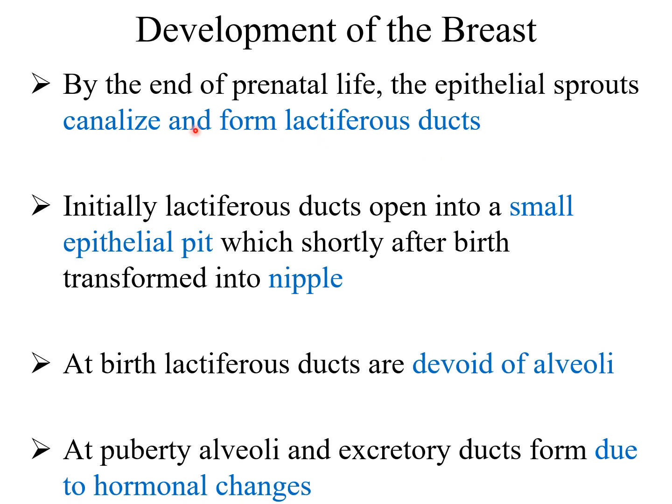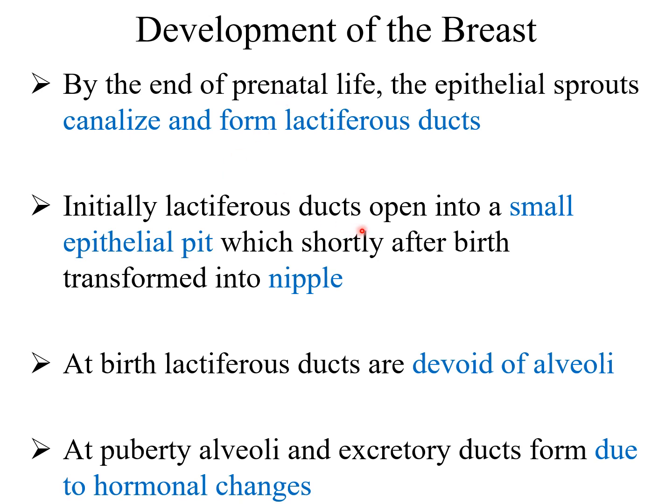So, as I have told you, initially when these ductal systems are formed, there is a closed duct, and as the development takes place, the cells present in the lumen of the ducts die through the process of apoptosis, and canals are formed. So by the end of prenatal life, these epithelial sprouts become canalized and form lactiferous ducts.